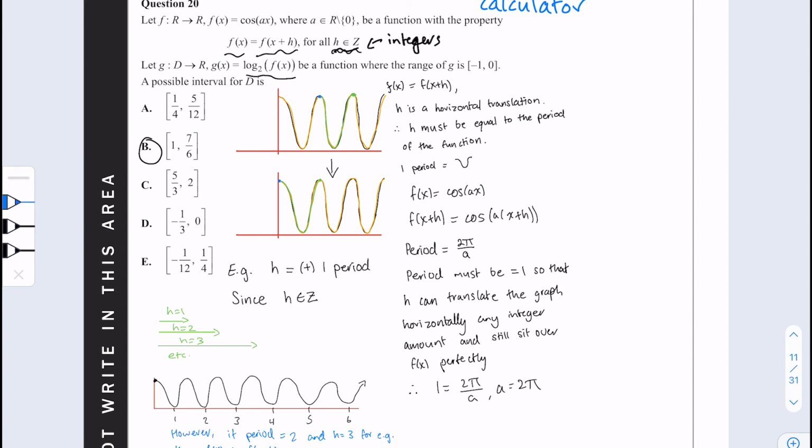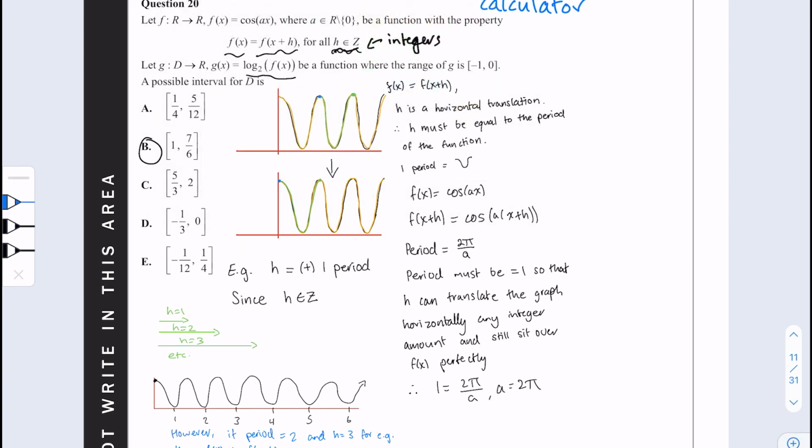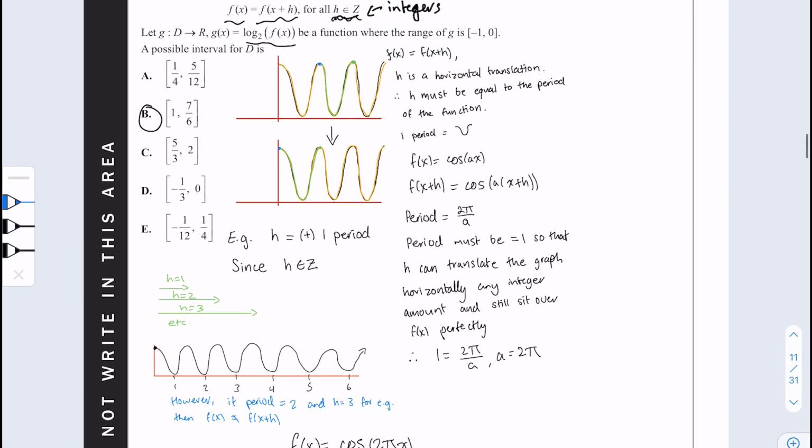So that means we know the period of cos also has to be an integer, because if you're moving the graph horizontally by an integer, it means the period has to be an integer, because the period is like one wave of cos. So if you're moving it by a period and it's equal to the same thing, then it has to be an integer also.